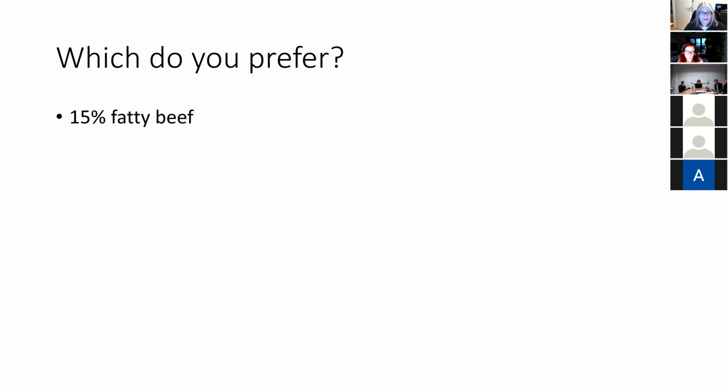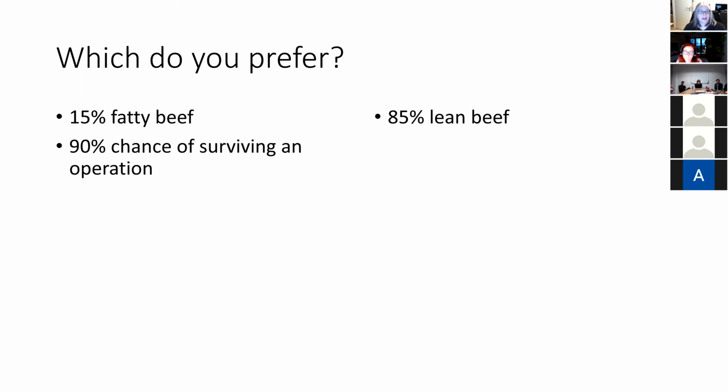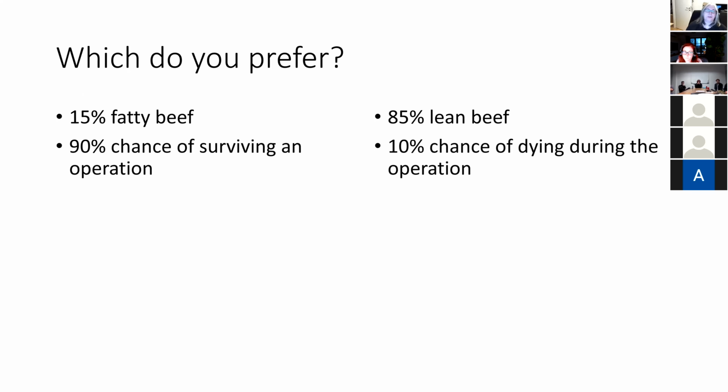So if we ask, which do you prefer? If you go to the store, we know from experience and trials over decades, people like 85% lean beef. But if beef is labeled as 15% fat, it's the same thing, people will not pick up that package. They go after the lean beef. How about this one? Which would you rather hear?